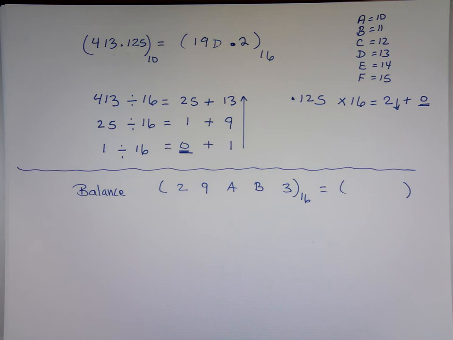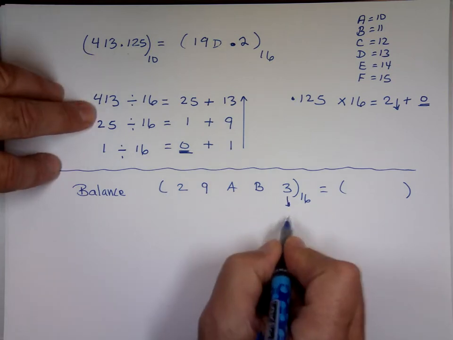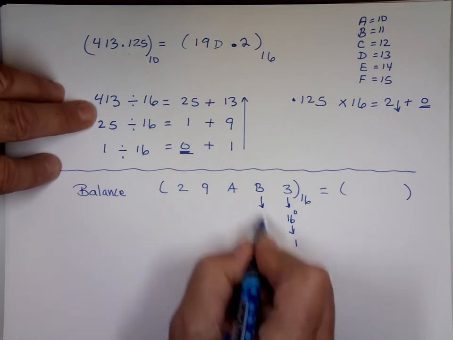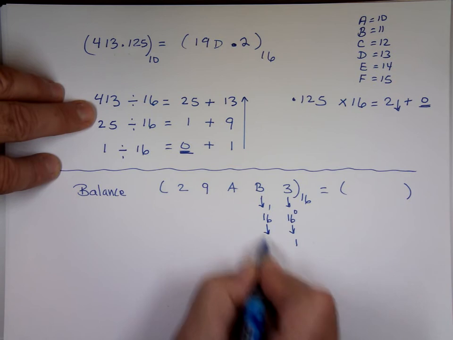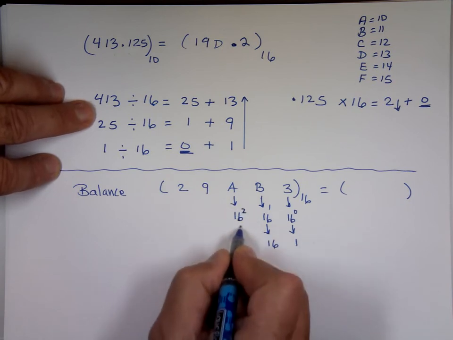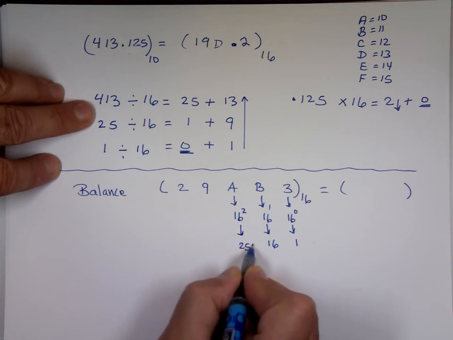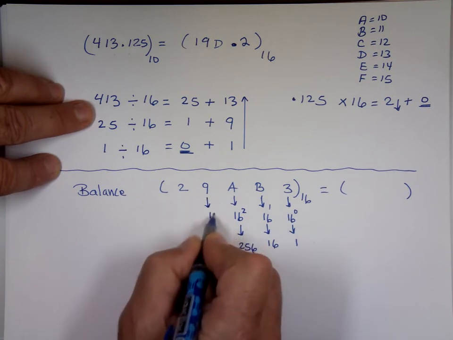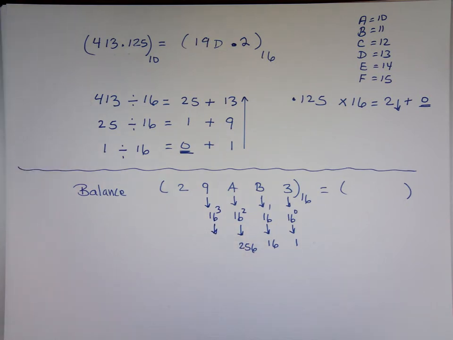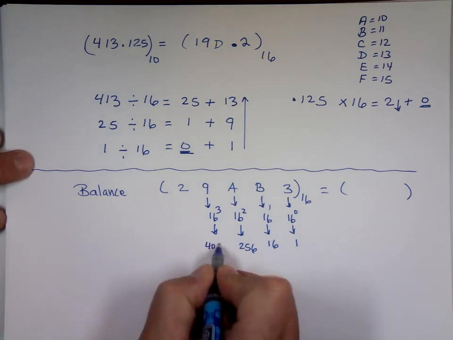The weight of this is 16 to the 0, which is 1. 16 to the 1, 16. 16 squared, 256. 16 cubed, 16 to the power 3, 4096, is it? Yep. And 16 to the 4th.